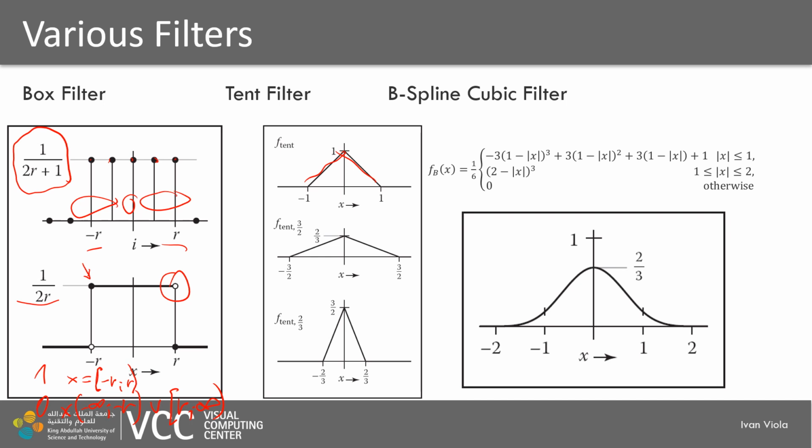The box filter previously, if its radius r is equal to 1/2, corresponds to nearest neighbor interpolation. This is the natural radius of the box filter. The natural radius of our tent filter is r equals 1, and in such a case it will be a linear interpolation filter.